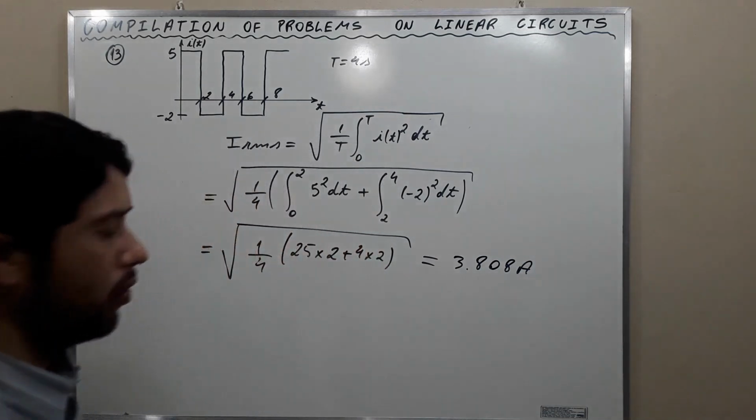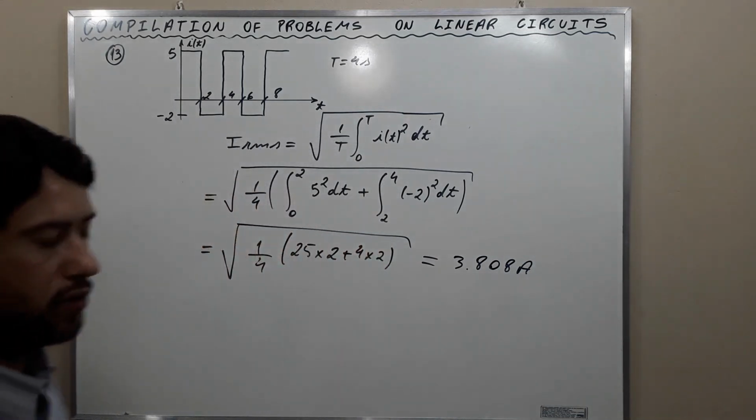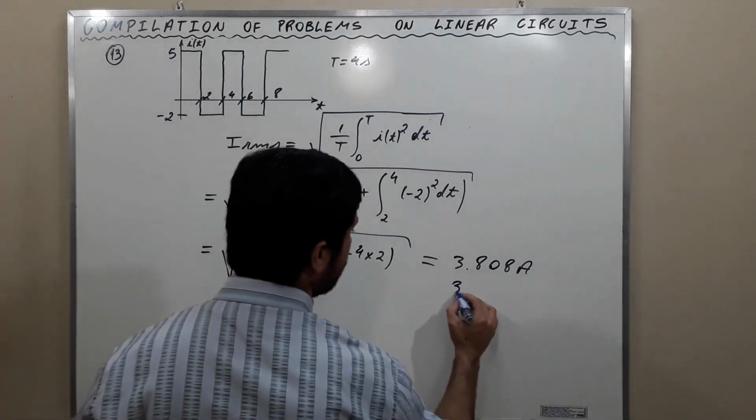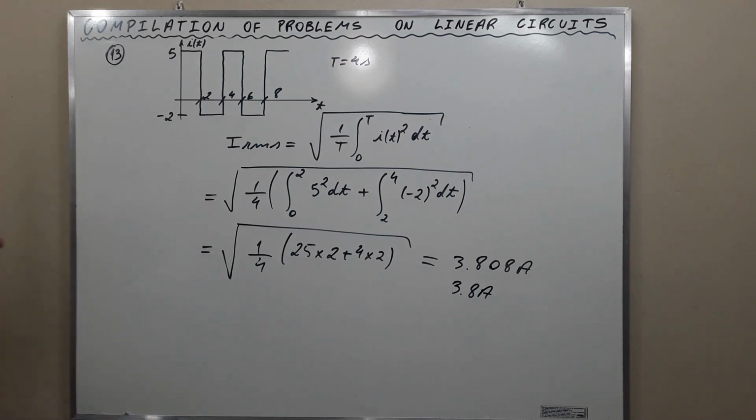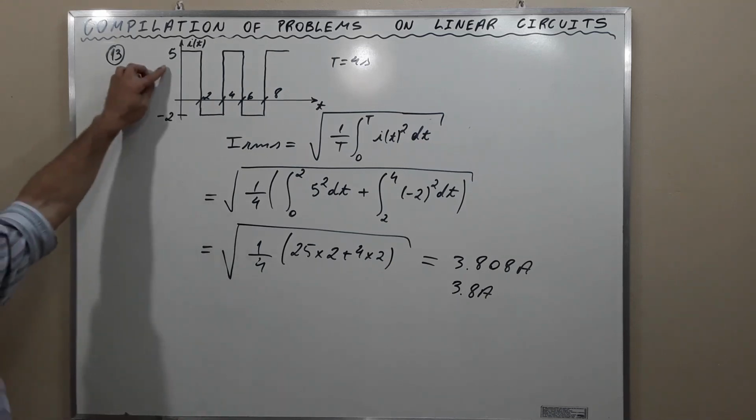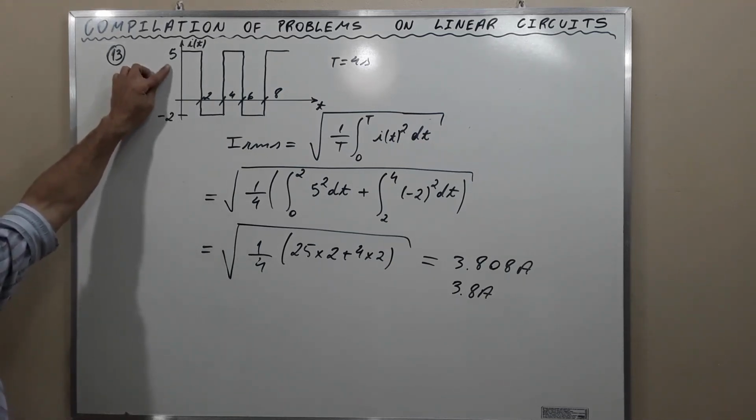Okay? We can approximate it to 3.8 amps. This is the RMS value of the current. Observe that it is different than the peak value. The peak value is 5.